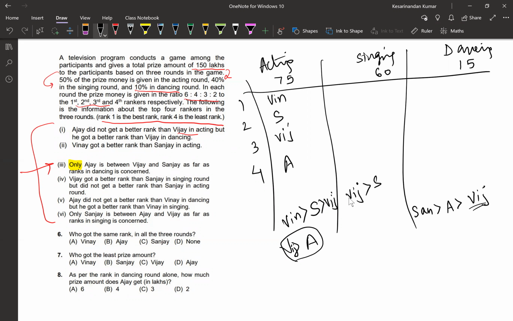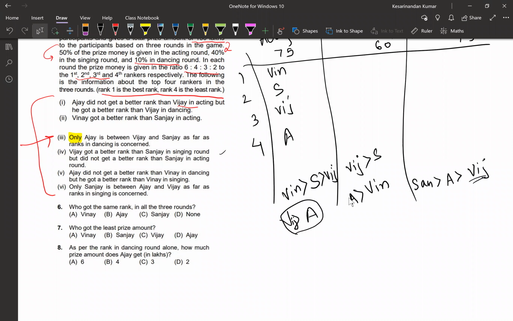Which was it? Fourth one, yeah. So Ajay did not get a better rank than Vinay in dancing. That is done. But he got a better rank than Vinay in singing. Ajay got a better rank than Vinay in singing. Fine. Let's move to the sixth point.